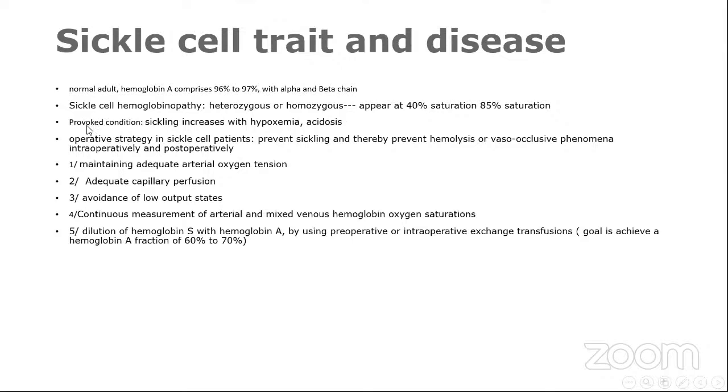There are some provoking conditions that will cause sickling first, then hemolysis, which are hypoxemia and acidosis. For operative strategy in sickle cell patients, first is to prevent sickling, and therapy to prevent hemolysis or vaso-occlusive phenomena intra-op and also post-op.